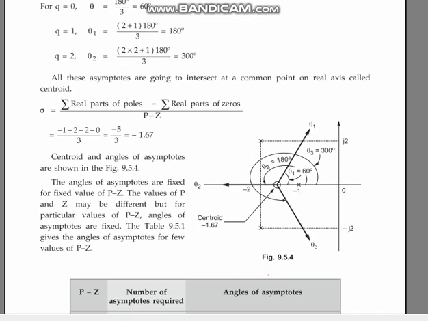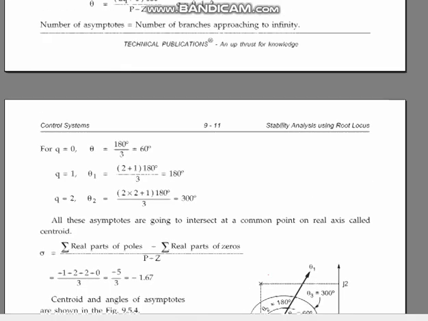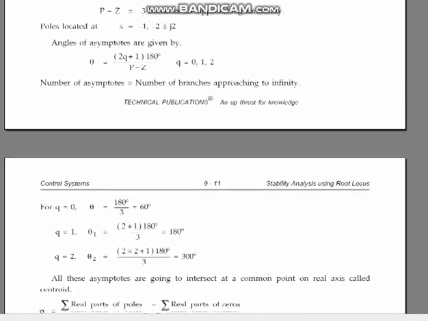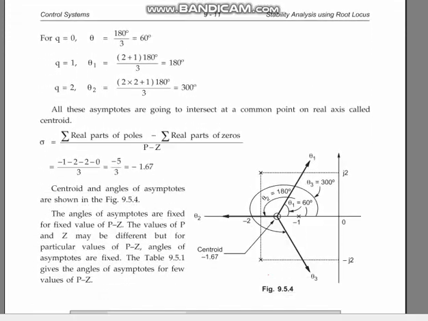On the x-axis we have to plot the poles and zeros. At 0 there is no pole, and minus 1 is the first pole, which we indicate by a cross multiplication sign. The other poles are complex ones. At minus 2 we get a pole at minus 2 plus j2, and minus 2 minus j2.